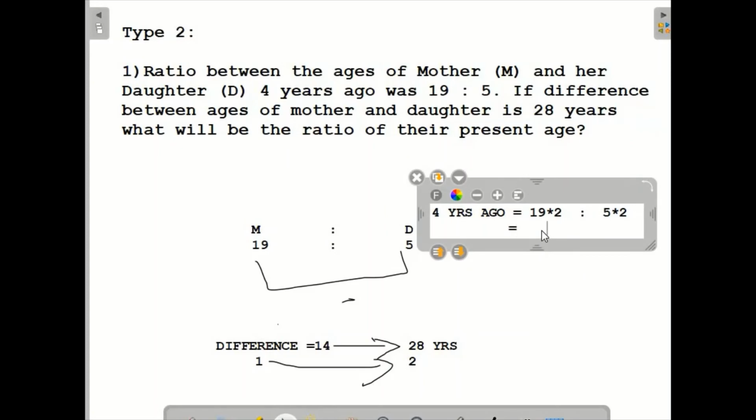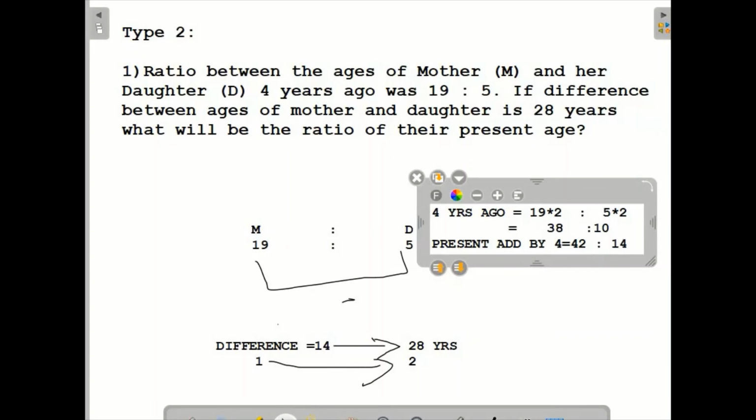Nineteen into 2 is 38, then 10. So 4 years ago their age was 38 and 10. We have to calculate the present year, so we have to add 4. So their age will be 42 and 14.